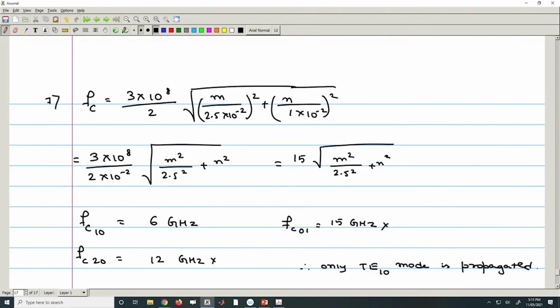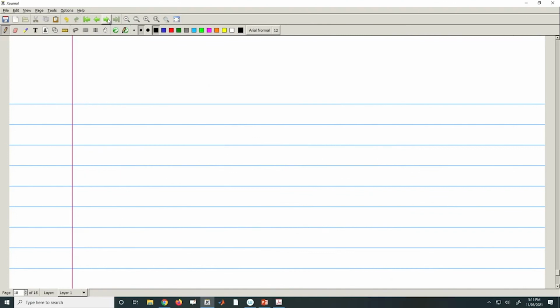Okay, and then we will find the ratio of phase velocity to the medium velocity for this mode. Okay, so phase velocity, we know it is given as c upon root over 1 minus fc upon f square.